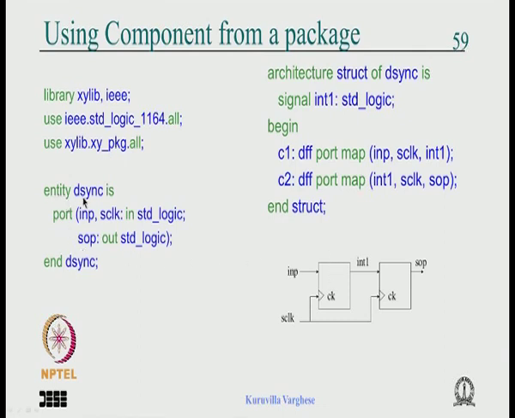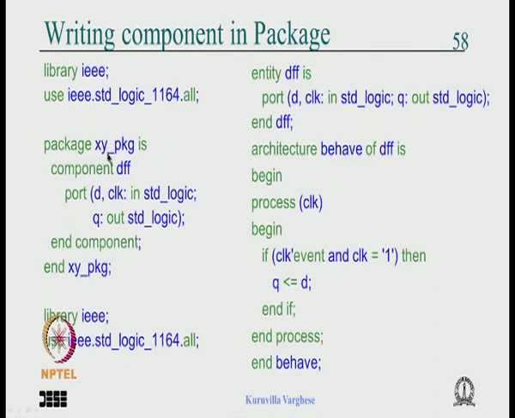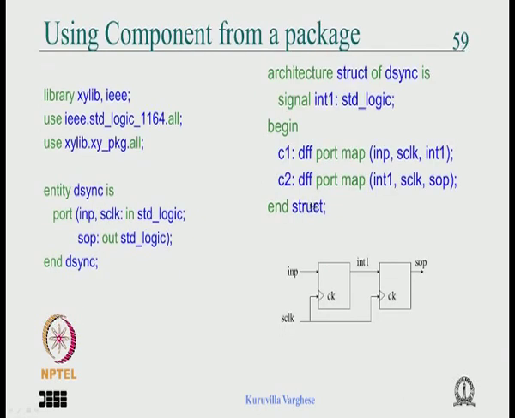And now this is the entity of the double synchronizer with INP and S clock as input and SOP as output. Now as I said, since we say use xylib.xypackage.all and the component declaration is part of the package, we don't have to declare the component, okay.